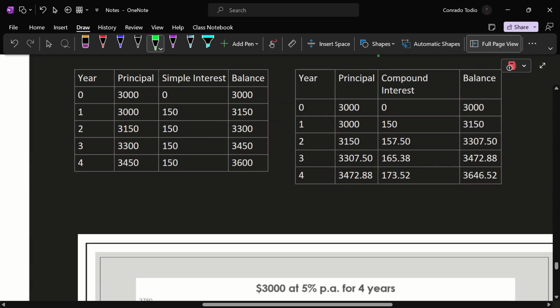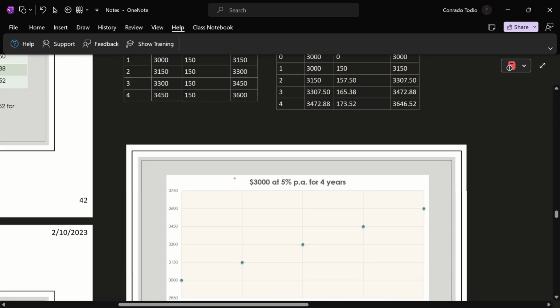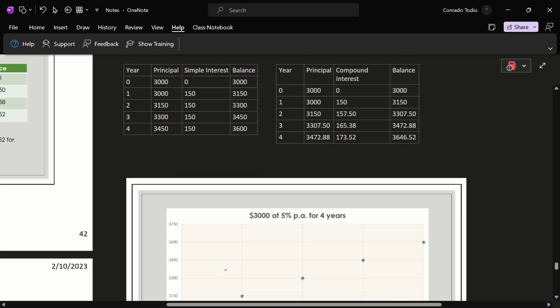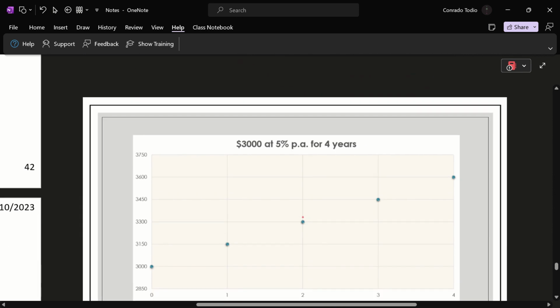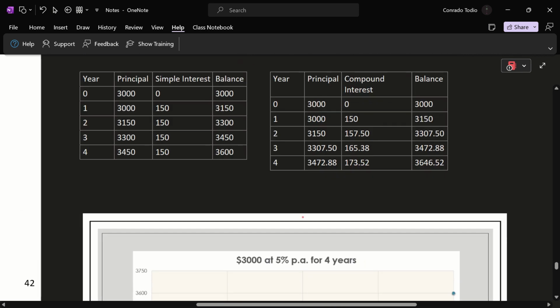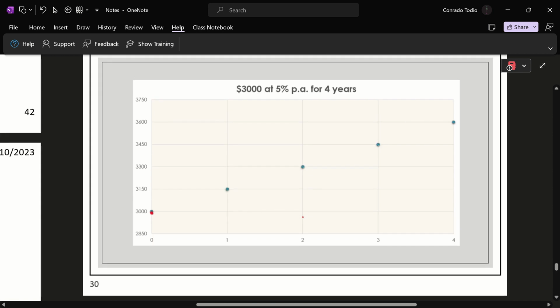So if I was to try and graph this, let's graph this. I've already graphed the previous one, which is in the blue dot, but let's graph the compound interest one. At 0, we've got 3,000. At year 1, we have 3150.